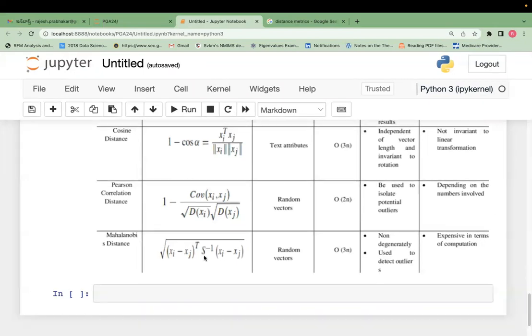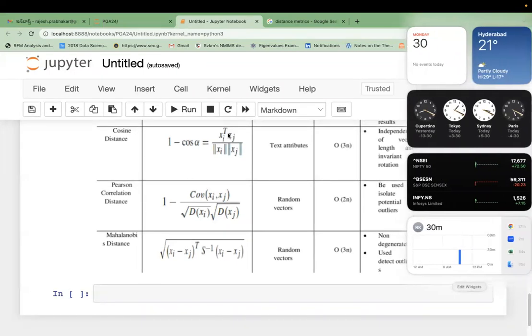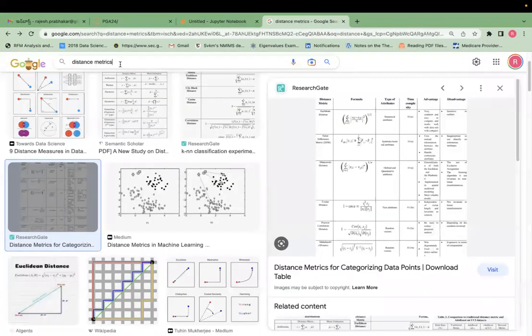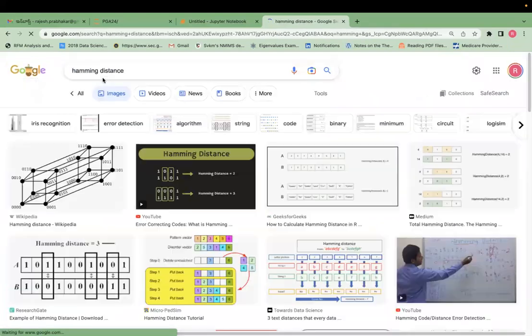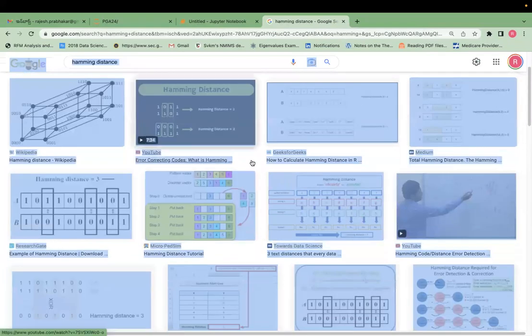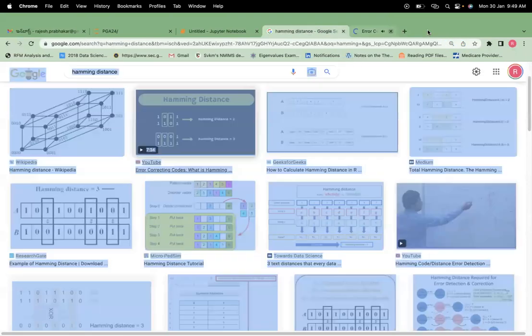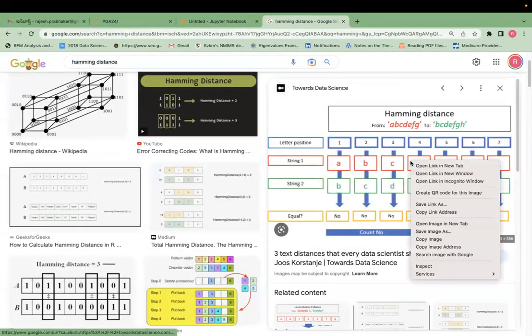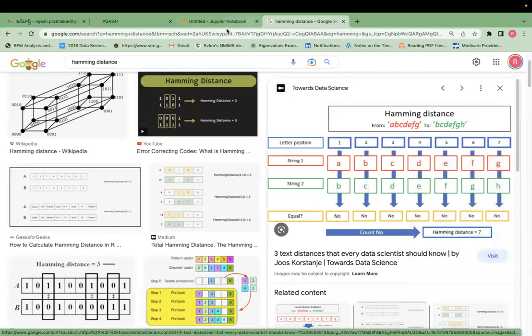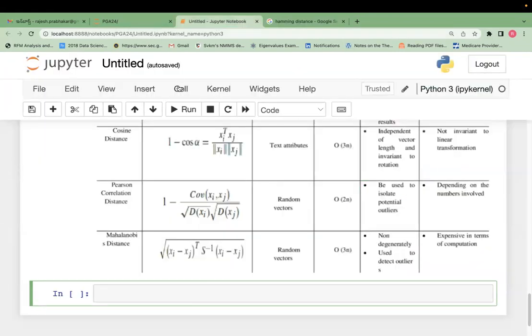And like I told you, one more distance metric which is very popular is Hamming distance. Hamming distance is used in text mining, along with cosine similarity.